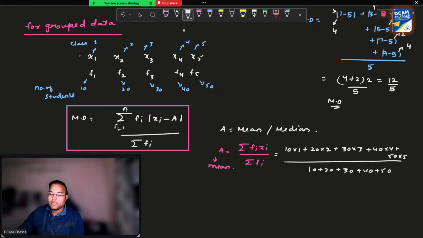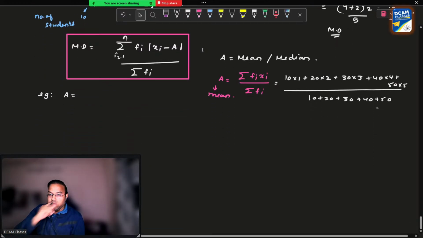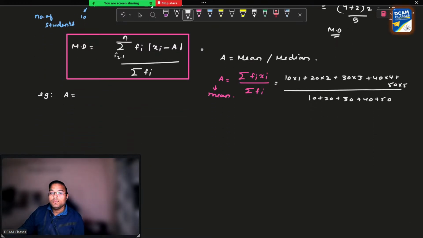Once you have calculated the mean, you do this: f1 into mod xi minus a, meaning 10 into mod 1 minus the mean value that you have got. Suppose I have got the mean value as 3.